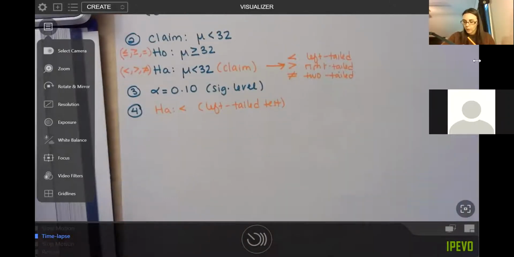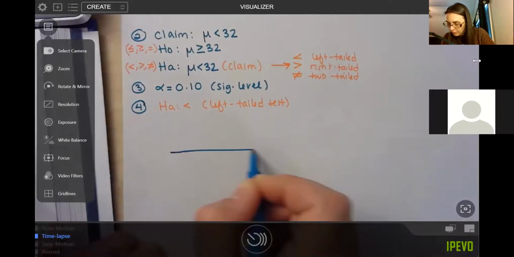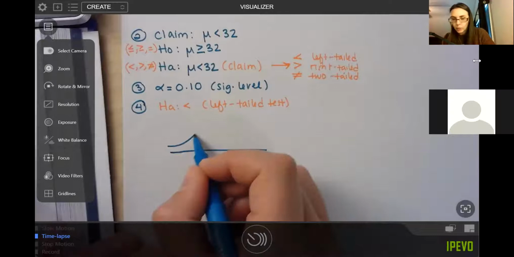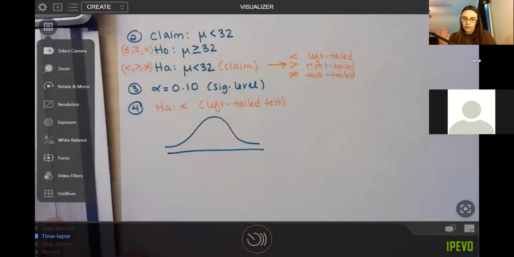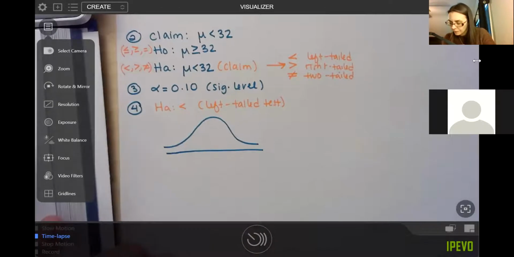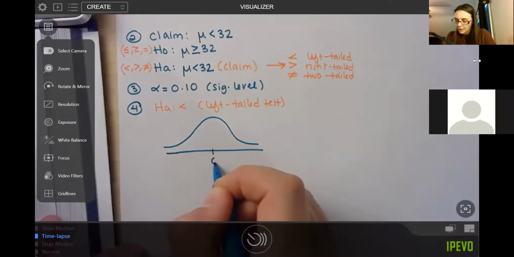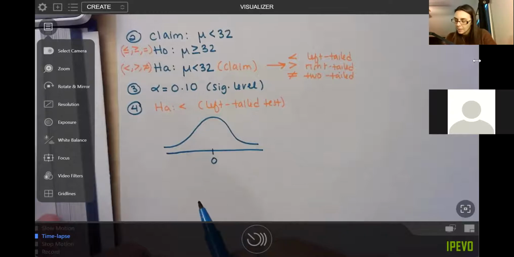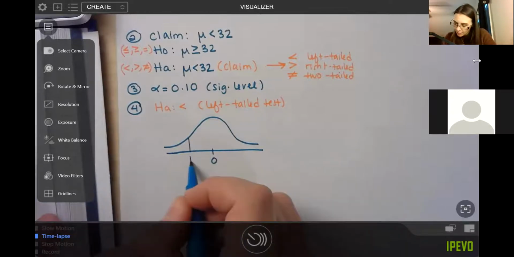So I'm just going to draw a quick picture here. I do know everything is normal, so I'm going to have a bell curve. I'm using the t-distribution, which is also a bell curve, so the pictures look very similar, whether you're doing z's or t's. It's almost the same. And I'm using a left-tailed test here. So basically what I need to find is my test statistic.